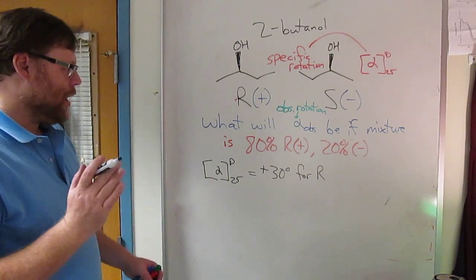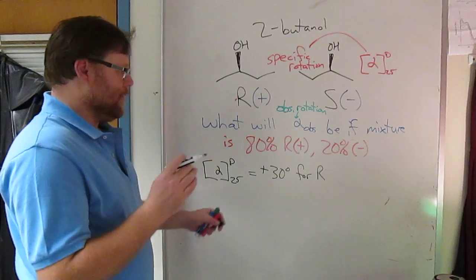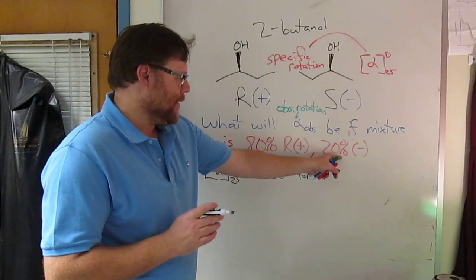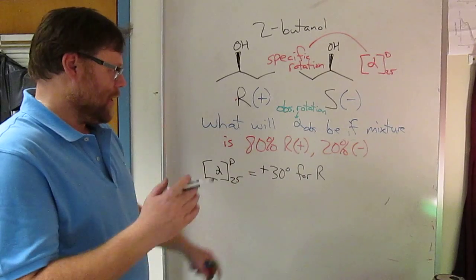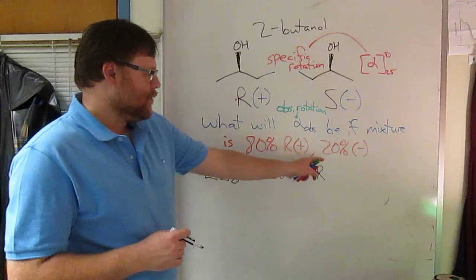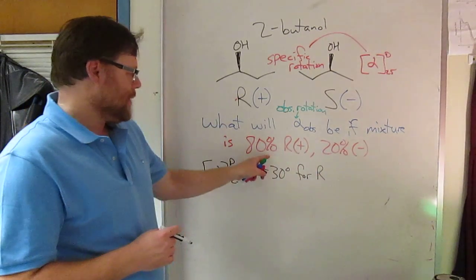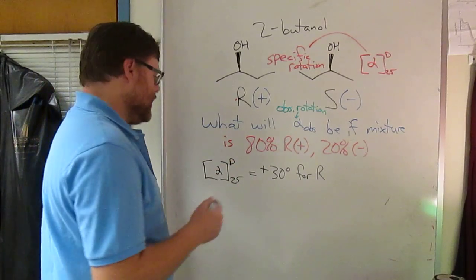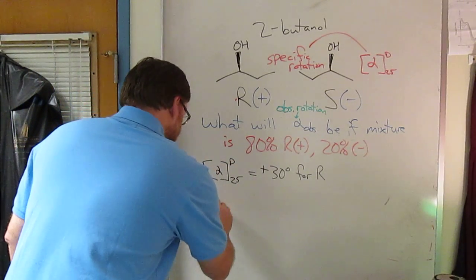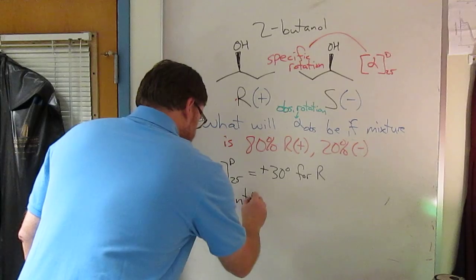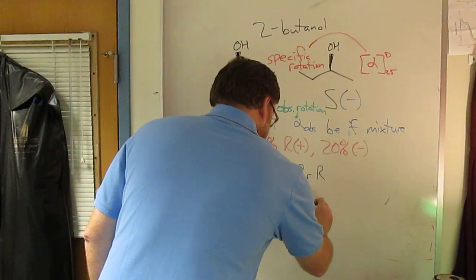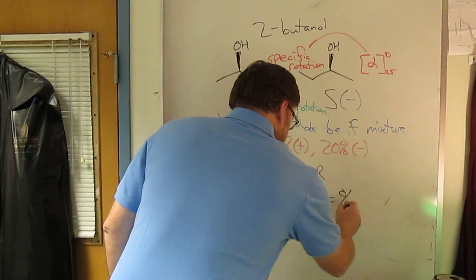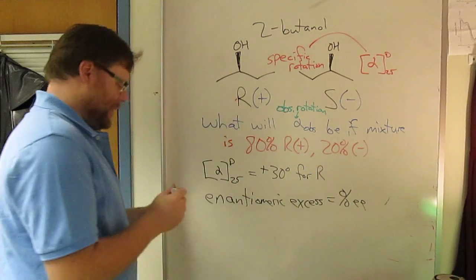So for every molecule of S that the photon encounters, it's going to encounter a molecule of R and flip back. Basically, 20% S cancels 20% of the R. And this gives us something called enantiomeric excess, percent EE.